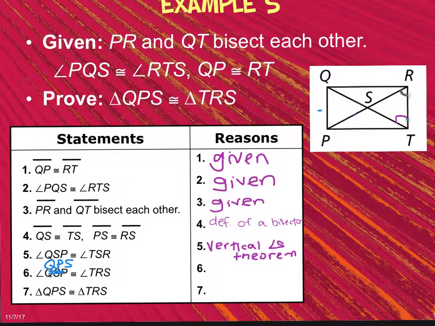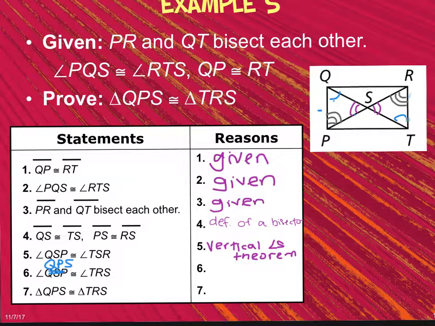So let's do this color coded. We started with these 2, right? We started with this one and this one, and then we did this one and this one. And this statement is saying this would be equal to this. How do I know that? Nope, you'd have to say something is parallel in order to know that.